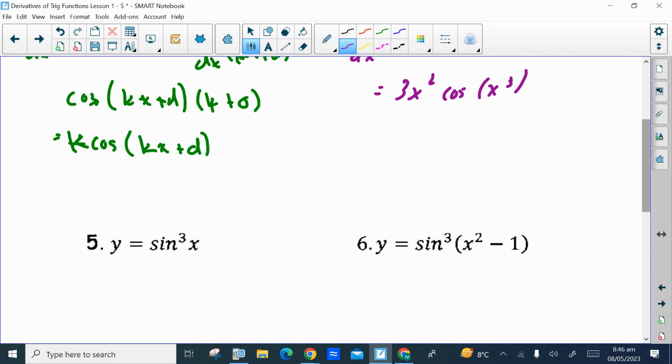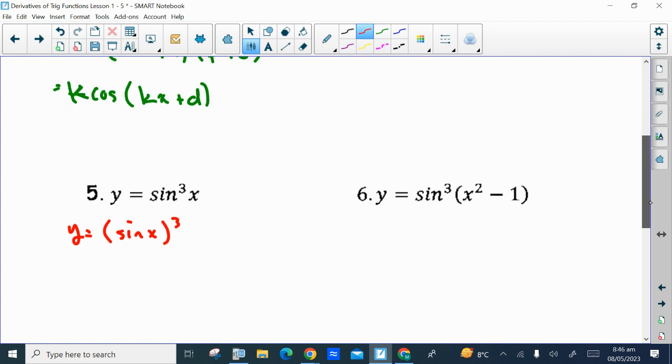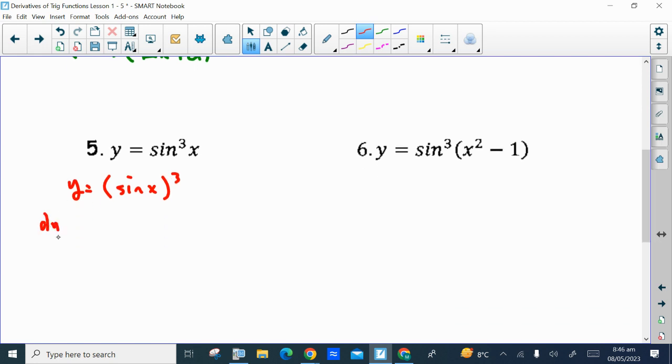Number 5, sine cubed x means the sine of x all cubed. So again, when you differentiate this using the chain rule, the 3 comes in front, the power is decreased by 1 to 2, and then you take the derivative of what's inside the bracket, which in this case is the sine of x.